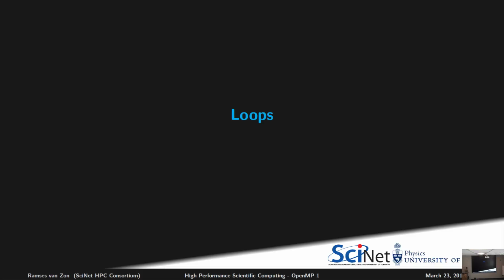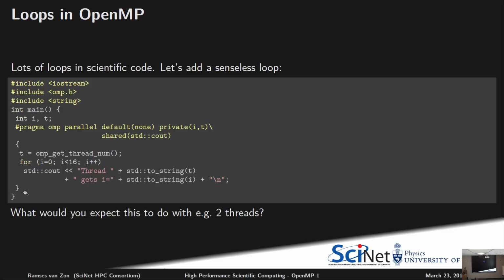That's great, but it doesn't help us. One way in which we typically get lots of work is when we have a loop over an array, and that's the workhorse of a lot of scientific computing. I have a lot of data or a big array, and I need to do something for every element in the array.